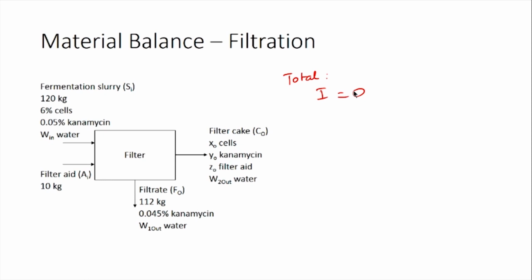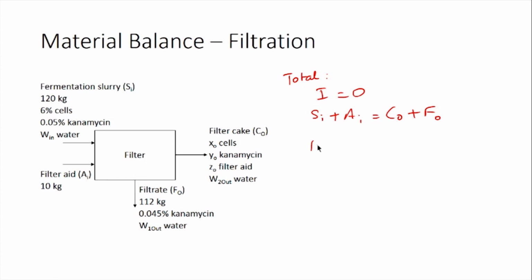So, input equals output. So, this would mean Si plus Ai equals C0 plus F0, where Si is the slurry and Ai is the filter aid entering, C0 is the filter cake leaving the system and F0 is the filtrate leaving the system. We already know the values of Si, Ai and F0.